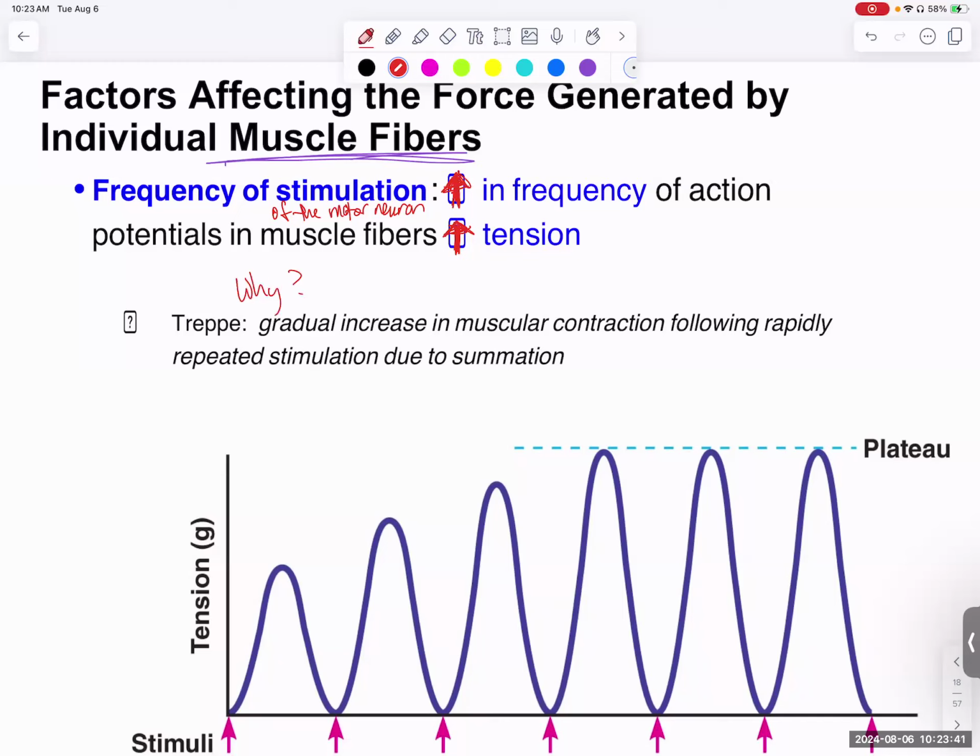So I say, why? Well, more action potentials arrive at the sarcoplasmic reticulum.